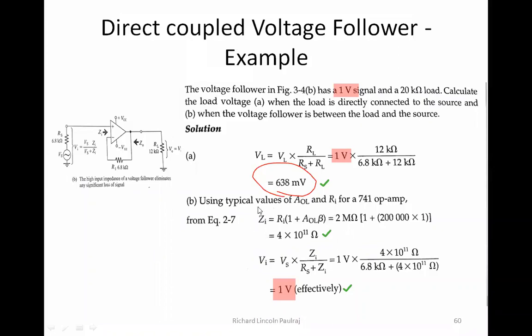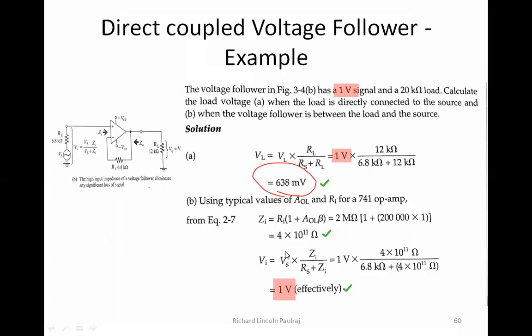So we have seen this formula previously and we are again using the same formula here and putting in the values. What I'm trying to say here is the formulas are all standard. So you can see that the load VL, calculating the final voltage values and calculating the input values.